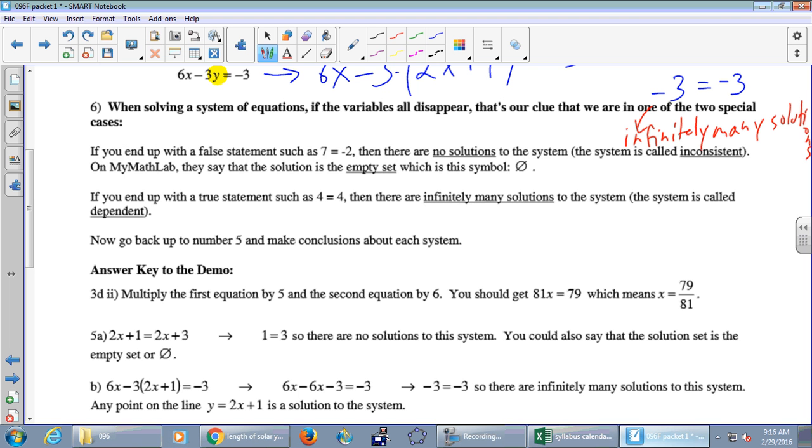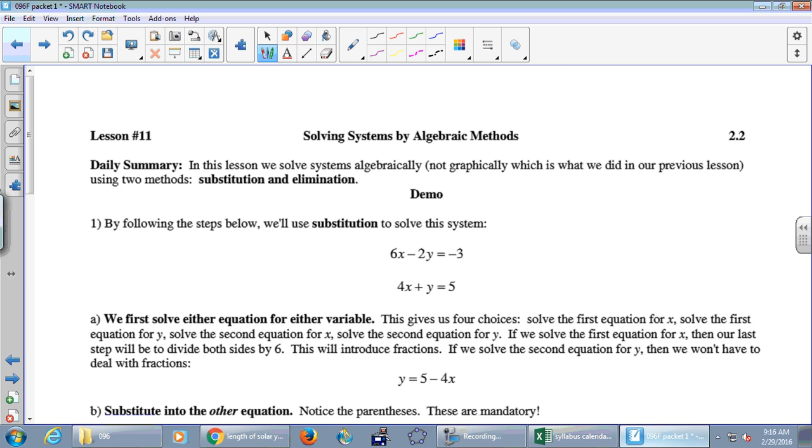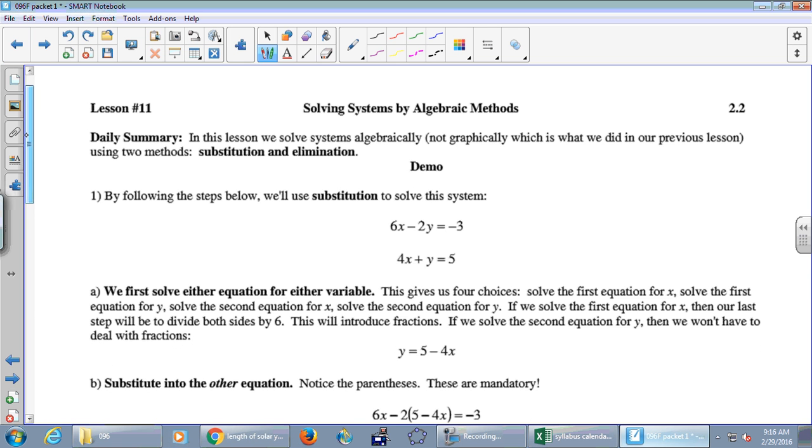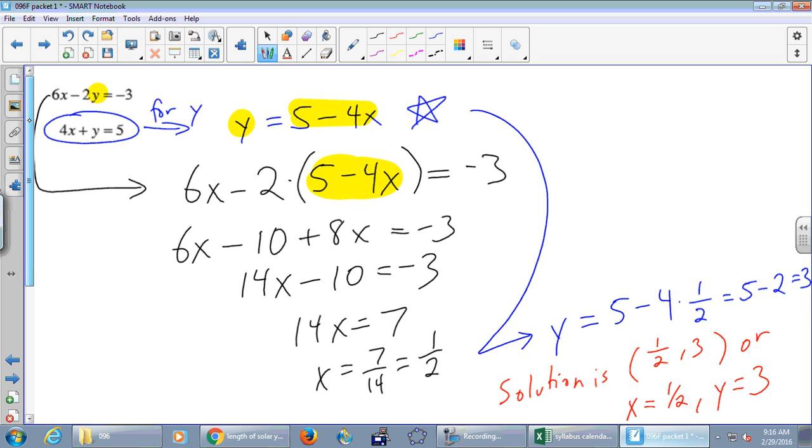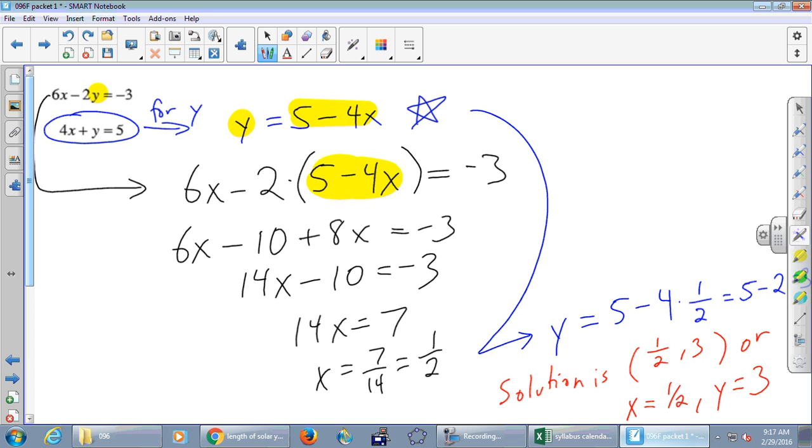Okay, so the word of caution. If we go back to this one right here, this was the thing we did on the very back page. I said the technique after we solved one equation for one variable was to do what?